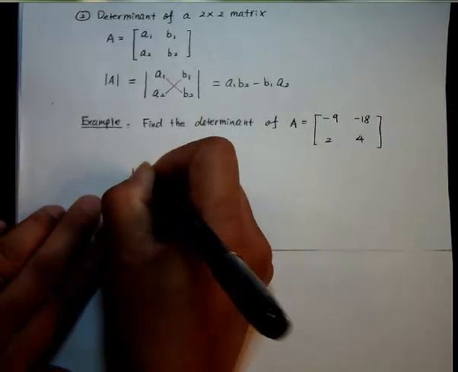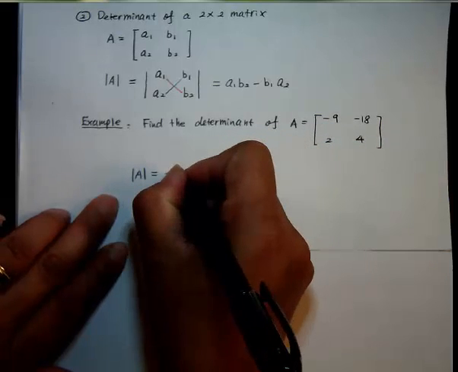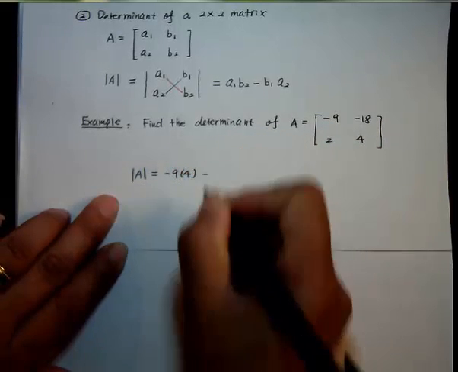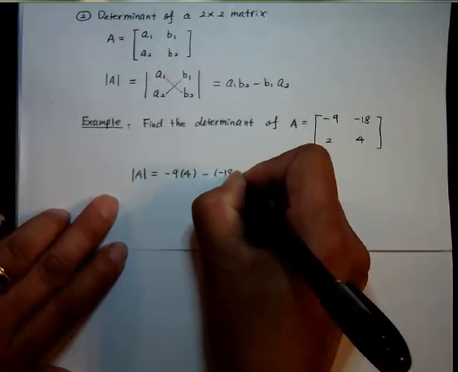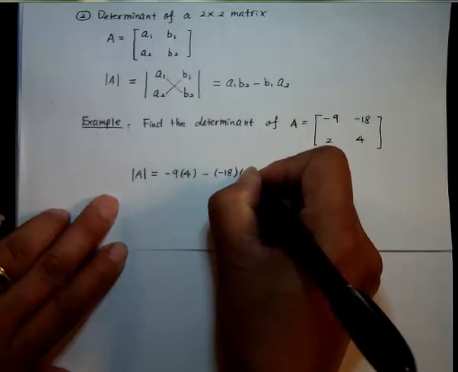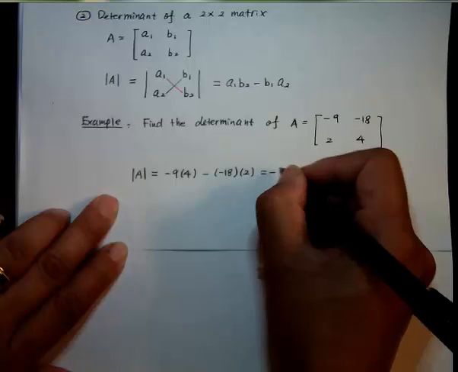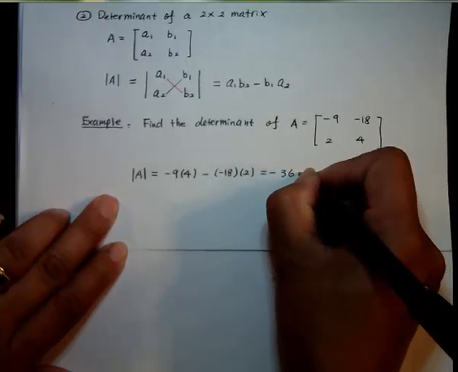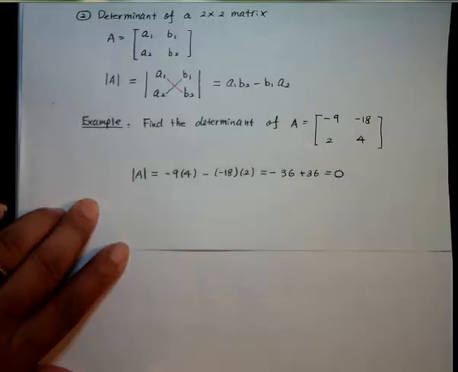So the determinant equals the main diagonal's product, -9 times 4, minus the minor diagonal, -18 times 2. So that equals -36 plus 36 equals 0. And so this determinant has a value of 0.